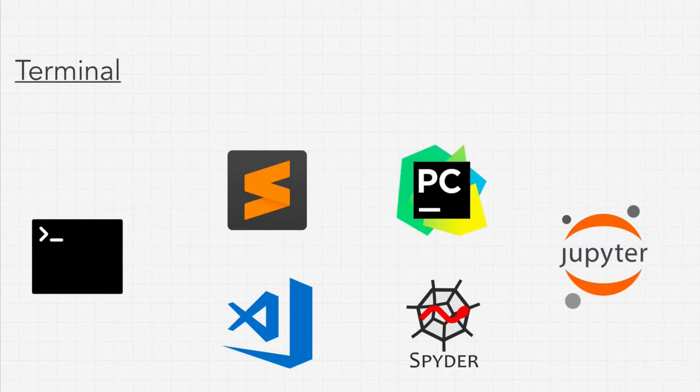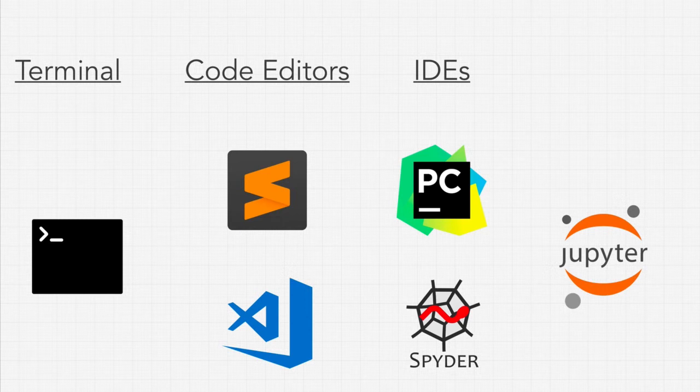Instead, most of the time, we use something like code editors or IDEs. Now, nothing's preventing me from writing Python code in, let's say, a Word document, a Google Doc, or a text file. But the problem with that is that it just looks like text.